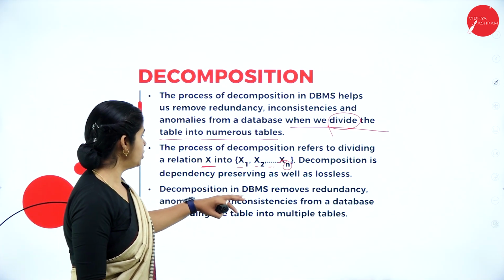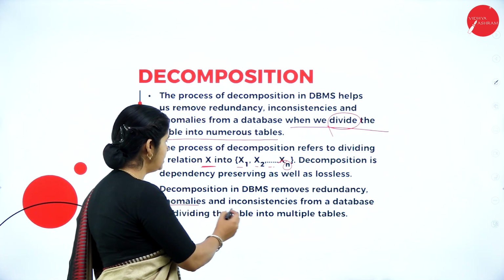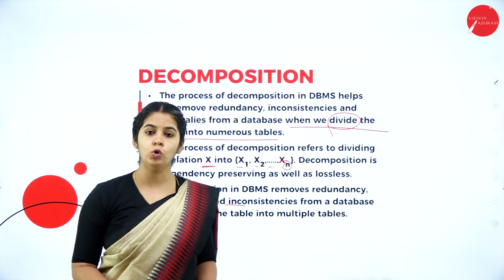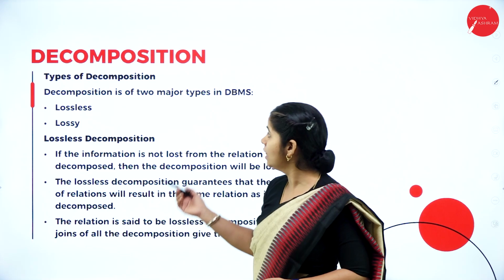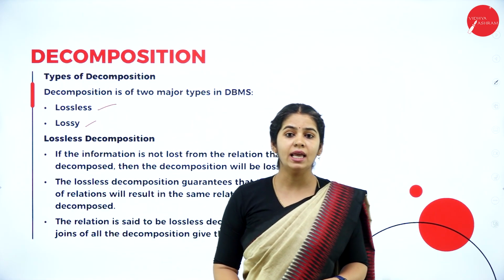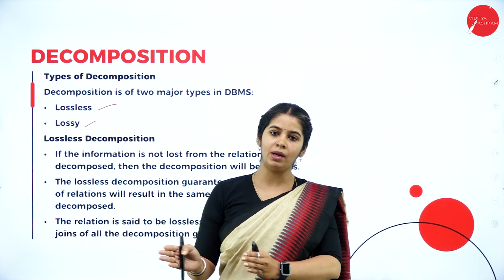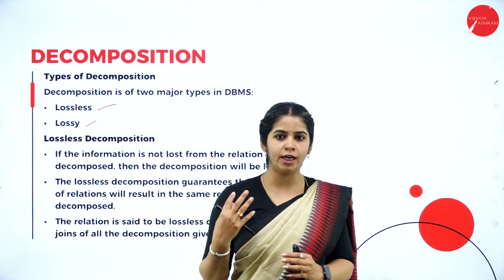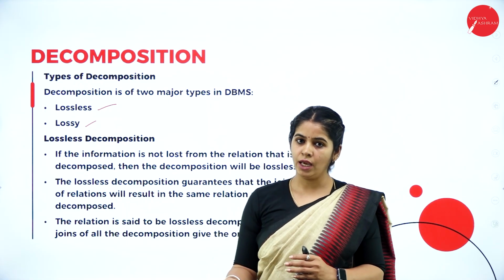Decomposition in DBMS removes redundancy, anomalies and inconsistency from the database by dividing it into multiple tables. Now we have the types of decomposition: lossless and lossy. As the name indicates, when we divide a large table into sub-tables, if you lose some of the data of the table, it is called lossy decomposition.